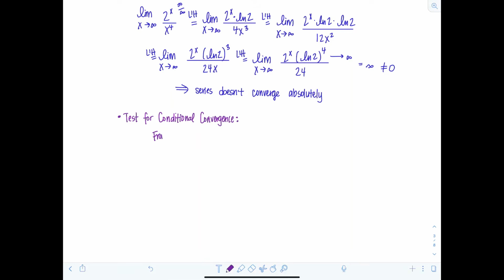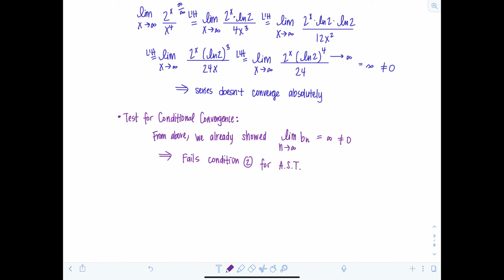And from above, we already showed that the limit as n approaches infinity of b sub n, because b sub n is equal to the absolute value of a sub n, is infinity, not 0, which means that already I know this series fails condition 2 for the alternating series test.